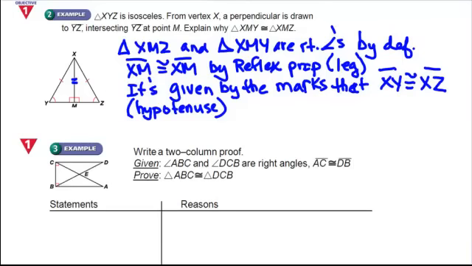So let's take a look at my three parts. I have right triangles, I have a leg, and I have a hypotenuse. So here's a new mark you guys can know. Three dots in a row means therefore in mathematics.